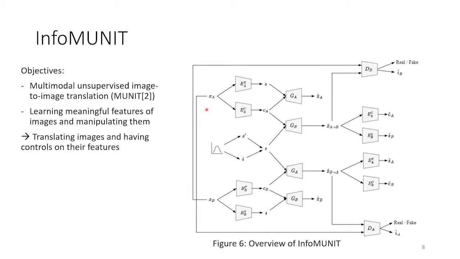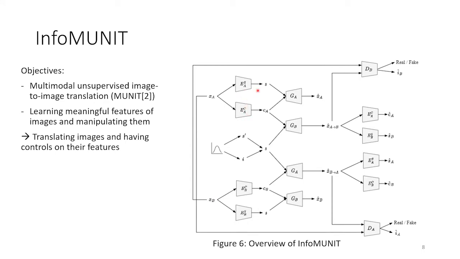So as a result, our network should be able to translate images and control their features. On the right, we have an overview of our network. So let's go slowly from here. XA and XB are two images coming from two domains in our data set. Let's start at XA. Each XA is an image, and it is encoded by two encoders.